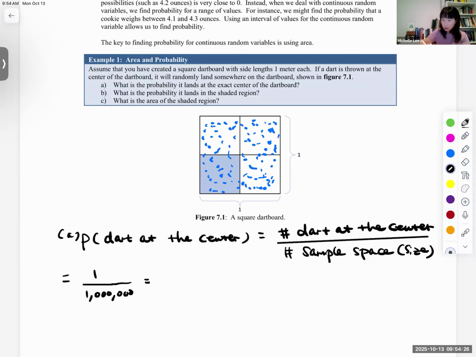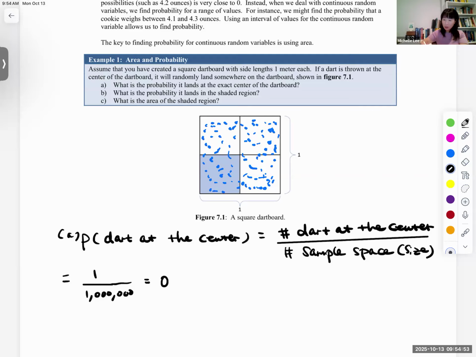Okay, so we get 0. So the probability is 0, approximately 0, or equal to 0. It's very hard, only a professional makes the center. But luckily we get it sometimes, right?